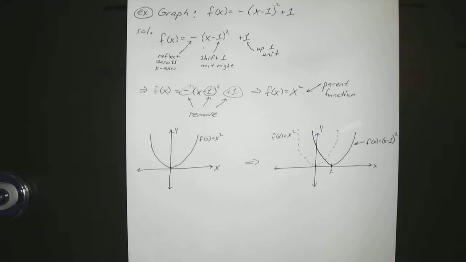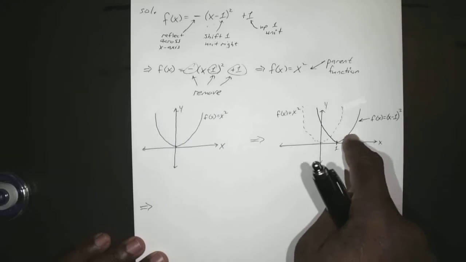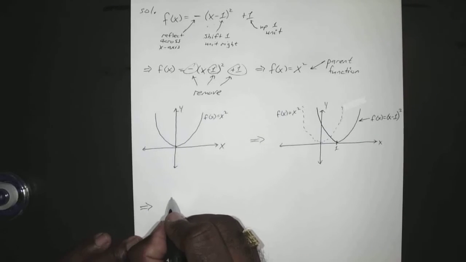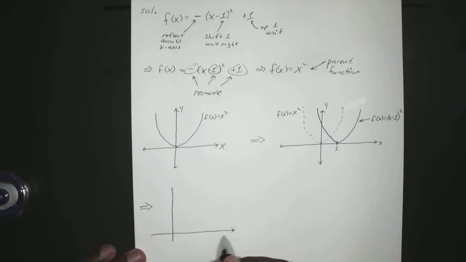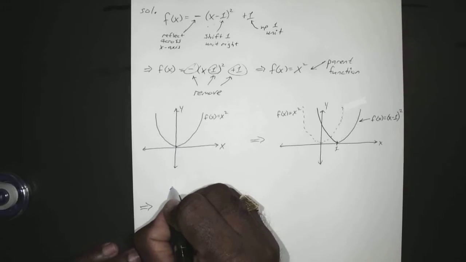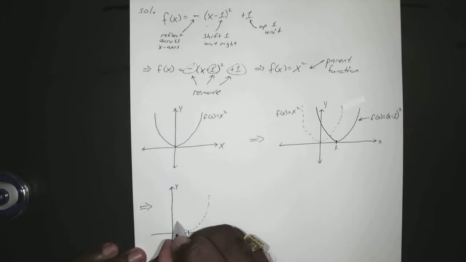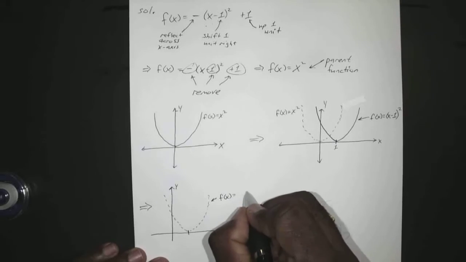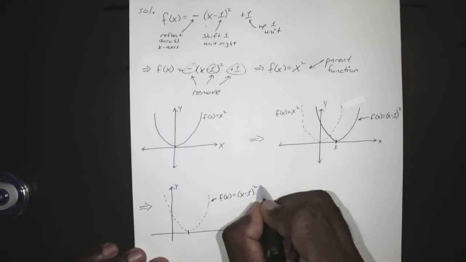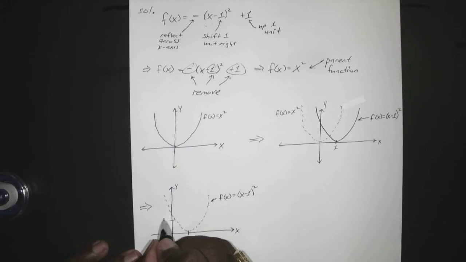All right, so you got part of it out of the way. Okay, so we're going to continue right where we left off. Remember, this is your f of x equals x minus 1 squared. So if we're going to add 1, it's going to shift up 1 unit. So this is our 1 here.